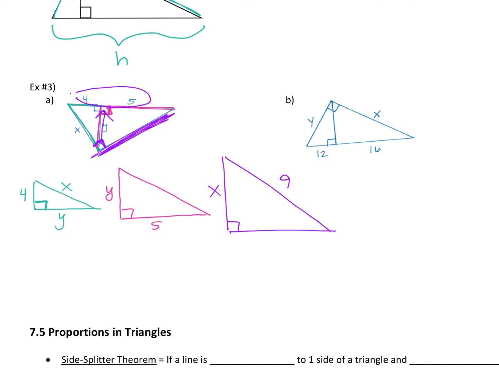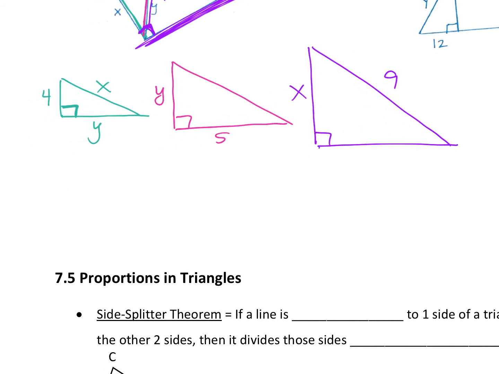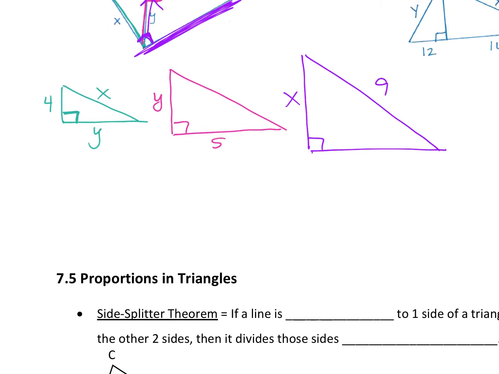Now, this should be a fairly easy problem to solve for x and to solve for y. Once you get it drawn, it's not so bad. Here's what we do. If I'm going to solve for x, where do you see x's? Short leg in the big one, and hypotenuse in the small one. Right, the first triangle and the last triangle. So that's probably where we're going to work. Not always, but most likely to have enough information.